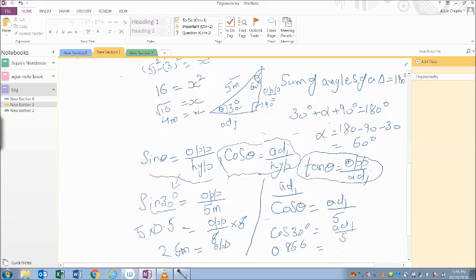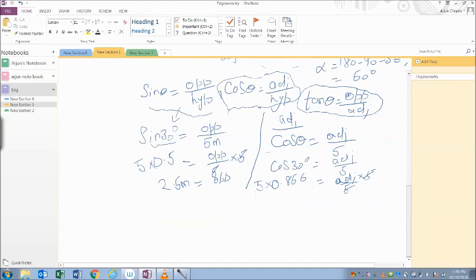So I multiply by 5 on both sides, the 5 cancels, and the answer which I'm going to get is 4.33 for the adjacent side.